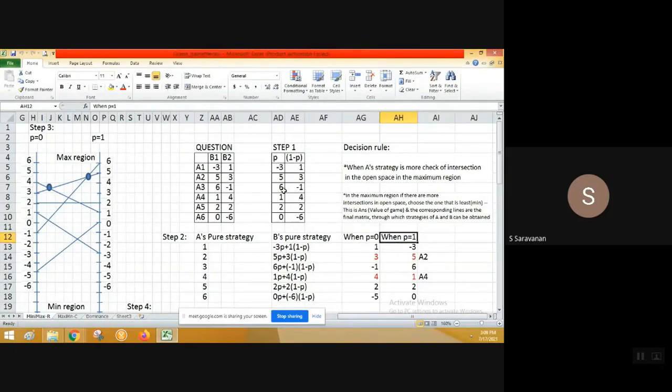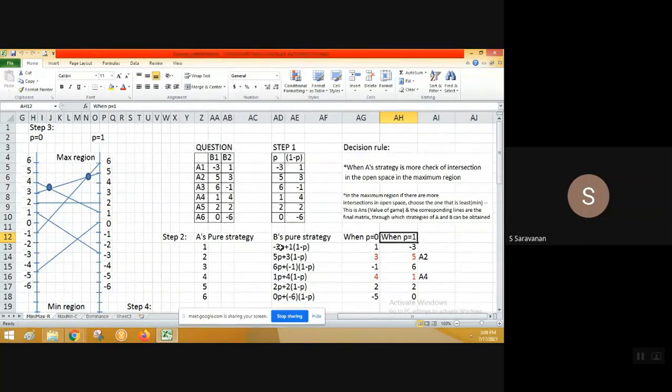For the third one, 6p plus minus 1 into (1 minus p). The fourth strategy, 1p, or even p, plus 4 into (1 minus p). Here it is 2p plus 2 into (1 minus p). Here it is 0p plus minus 6 into (1 minus p). So I have converted B's pure strategy into equation form.